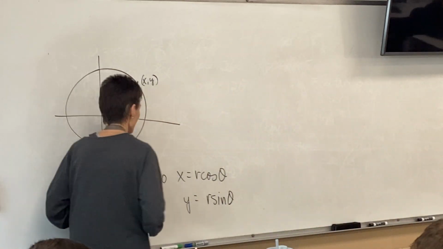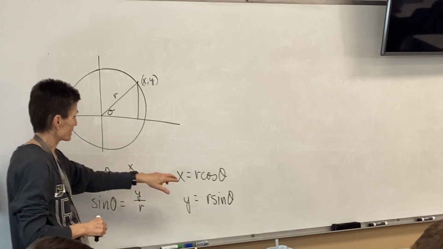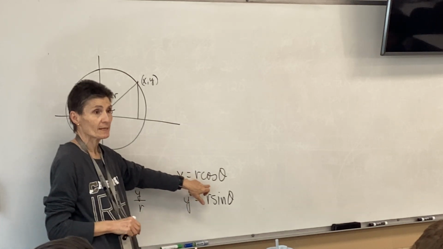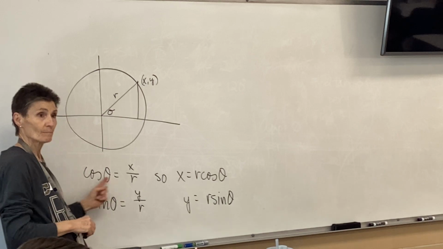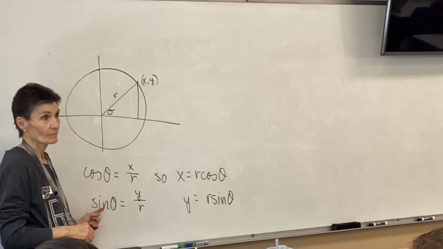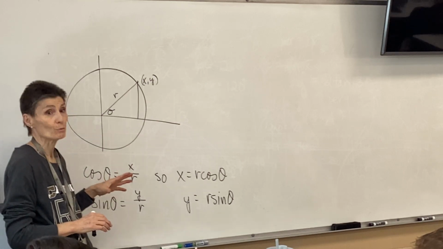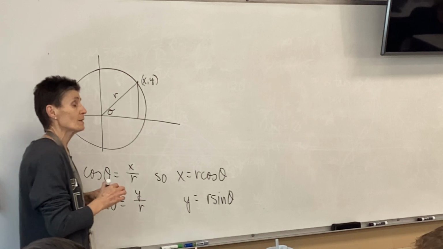Sine is y over r. So what does that mean about x? Well, x is going to be our cosine theta, and y will be our sine theta. When we get to polar coordinates, that will be huge. You'll need to remember that.